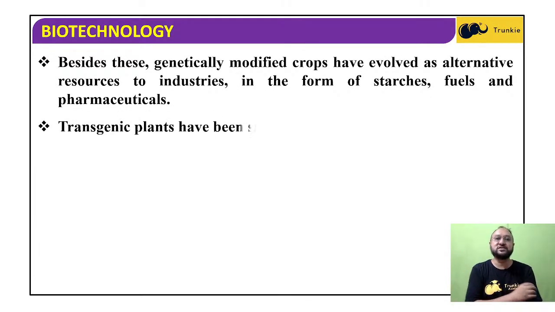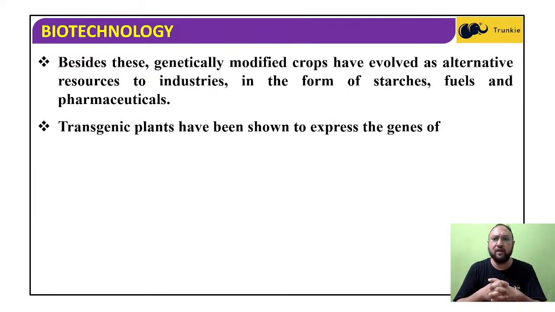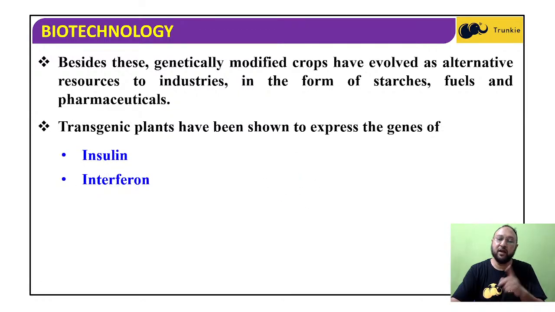Besides these, genetically modified crops have also evolved as alternative resources to industry in the form of starches, fuels, and pharmaceuticals. I highlighted these points in the previous classes also. Transgenic plants have been shown to express the genes of insulin, interferon, which I told you about before, and human growth hormones.